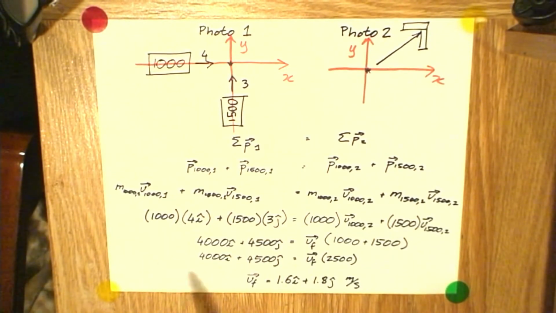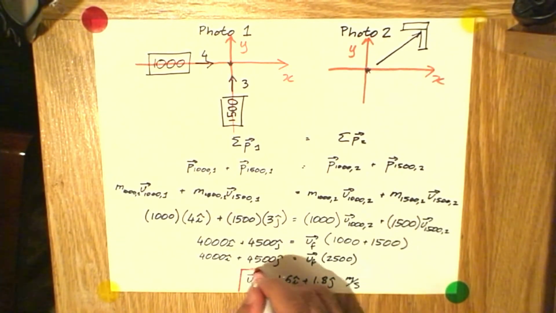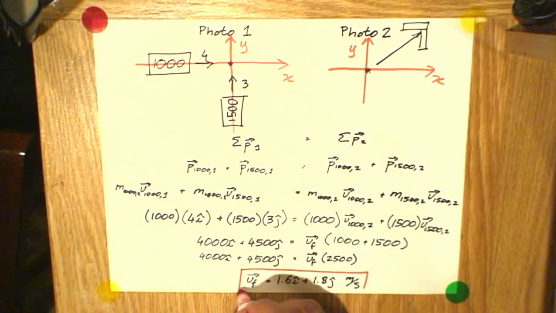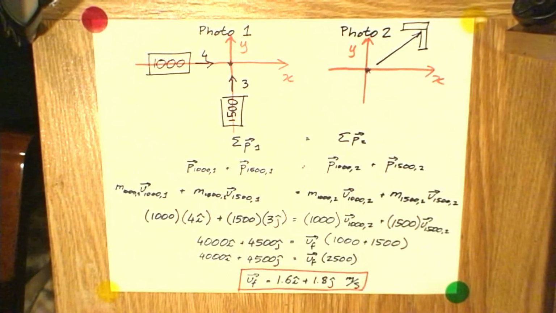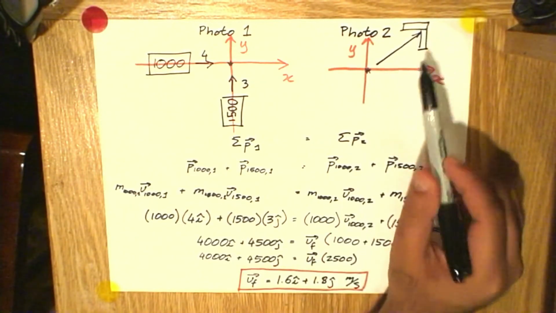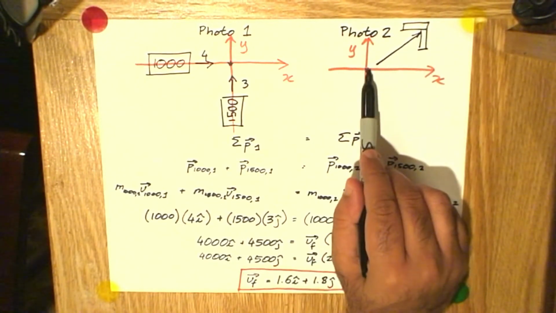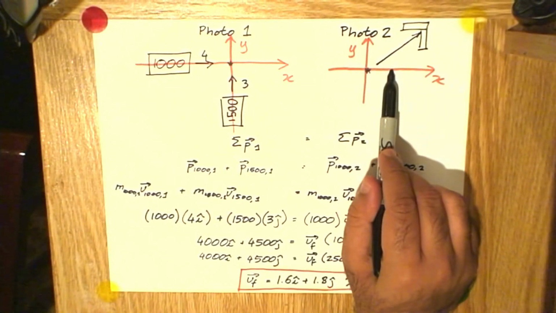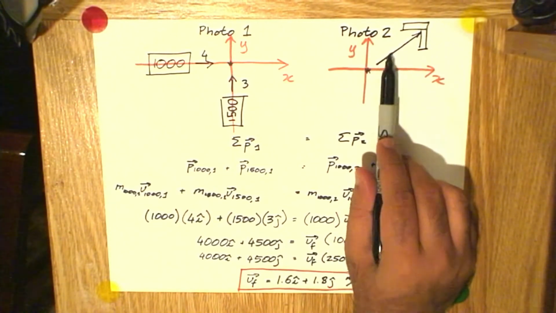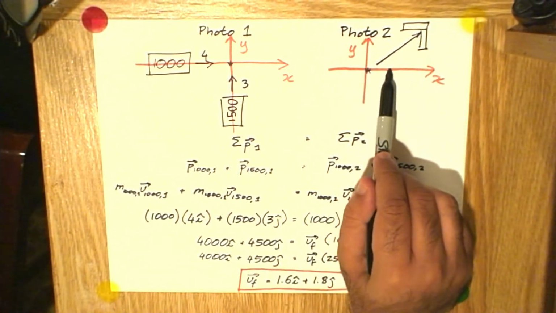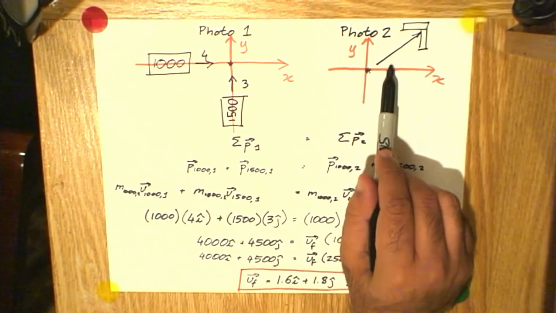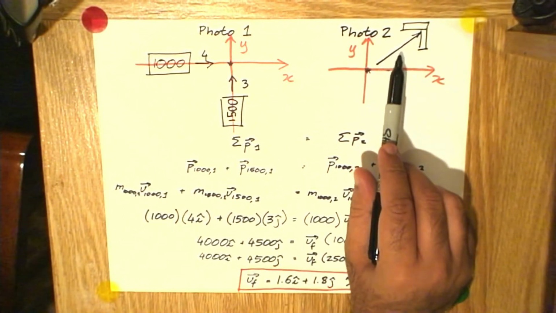So we have now solved for the final velocity of this pair of cars after the collision occurs. The final velocity is 1.6 i hat plus 1.8 j hat meters per second. Every second it's traveling 1.6 meters in the x direction and also 1.8 meters in the y direction.